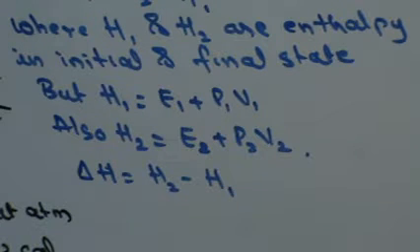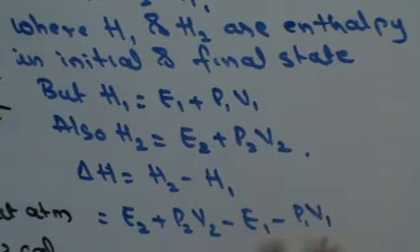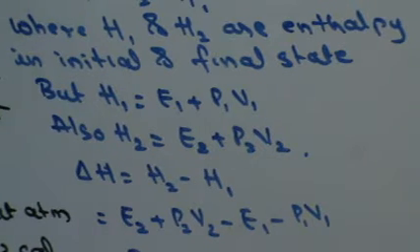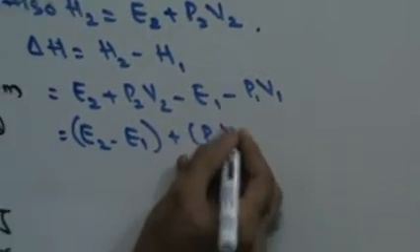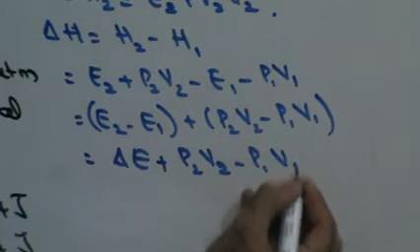Right? So this can be written as E2 plus P2 V2 minus E1 minus P1 V1. So this can be written as E2 minus E1 plus P2 V2 minus P1 V1, right? Now E2 minus E1, final internal energy minus initial internal energy, is the change in internal energy, plus P2 V2 minus P1 V1.